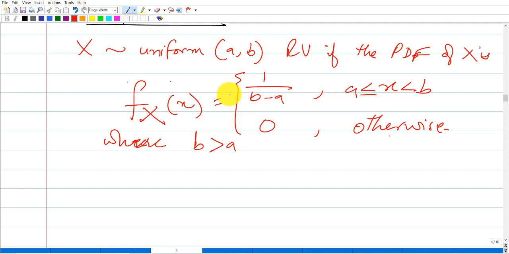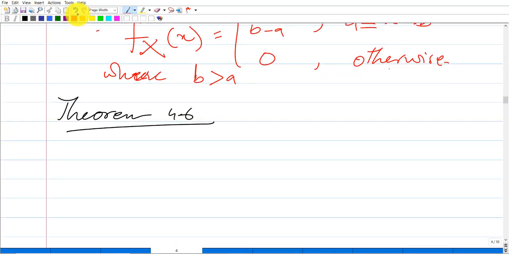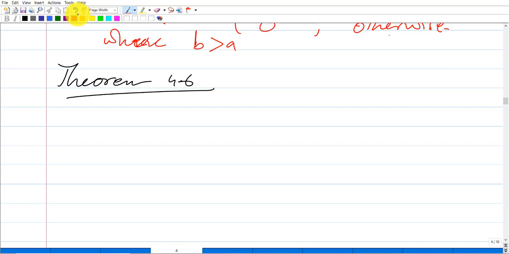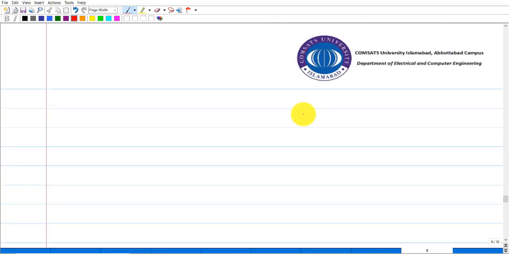And the theorem that is defined for this uniform random variable is Theorem 4.6. It says that we can have the CDF, because it's a continuous random variable and it's the family of uniform random variables.